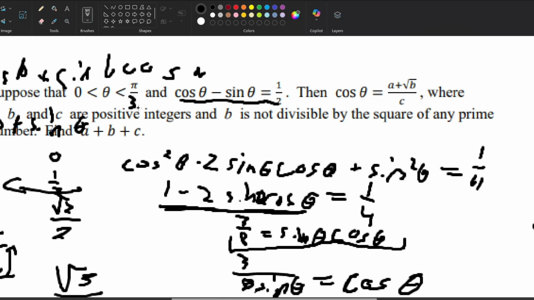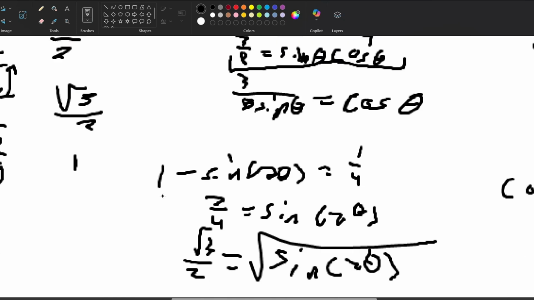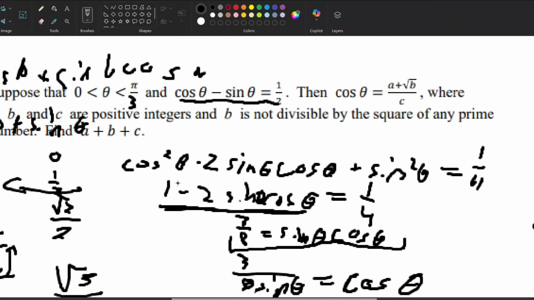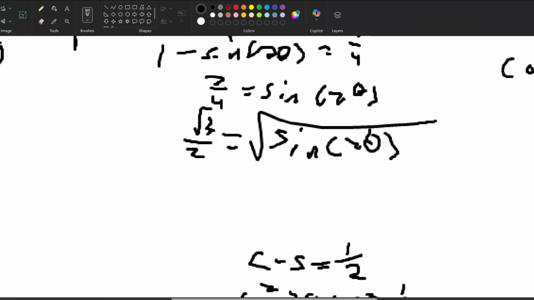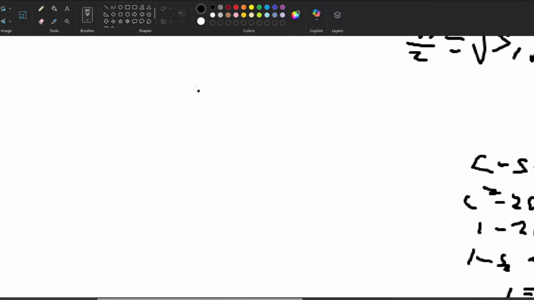So if it's between 0 and pi over 3, then it's maybe pi over 6. I don't know what anything of pi over 6 is equal to. Let's draw a circle.